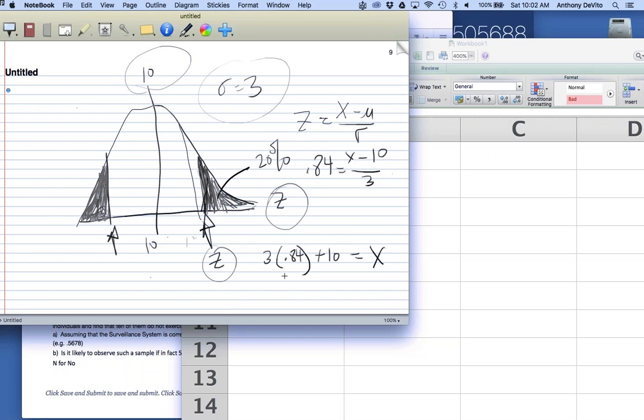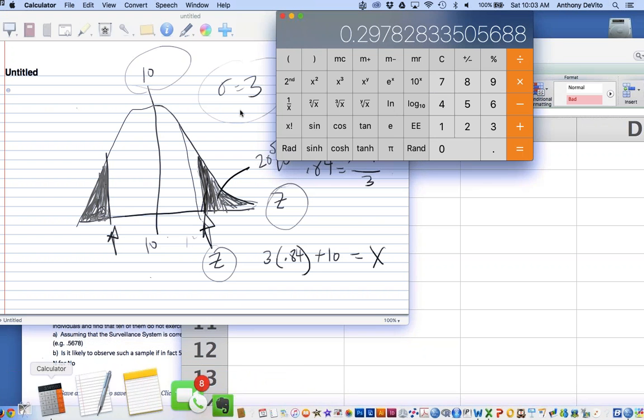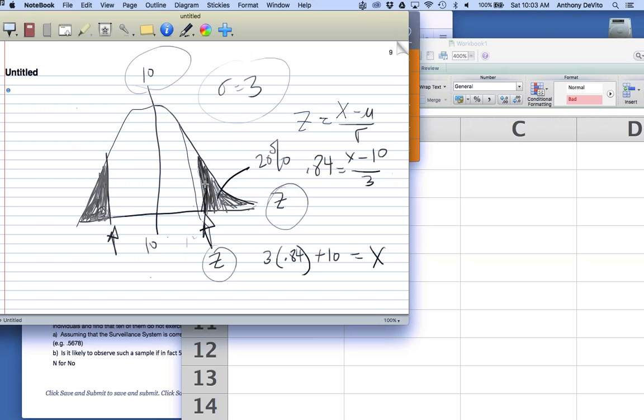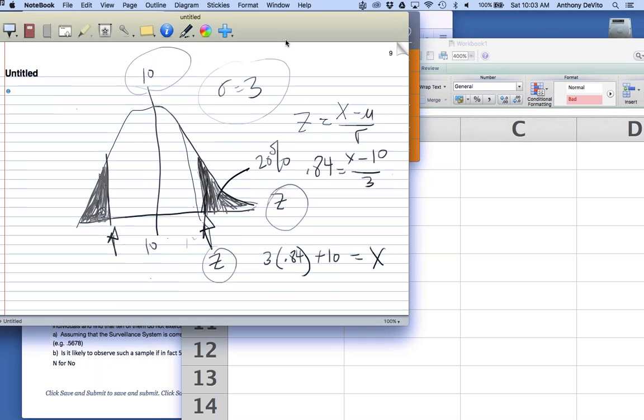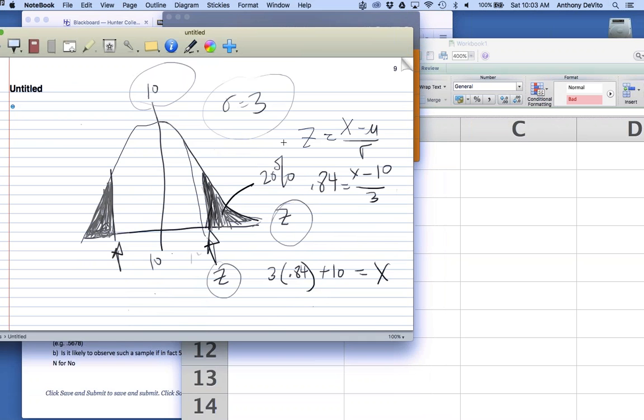So 3 times 0.84 is equal to 2.52, plus 10 is equal to 12.52. So in order to have 20% of the population to the right of this, you would have to have a value of 12.52.